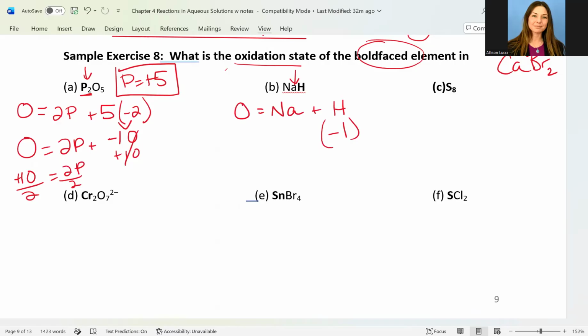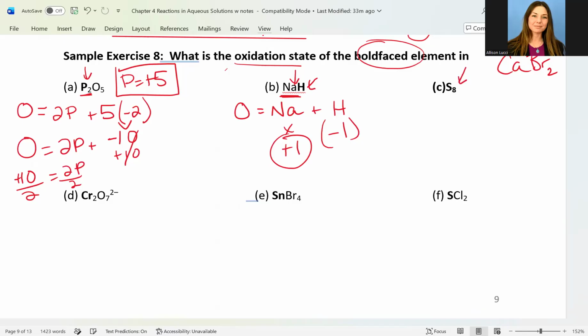So then since the net of -1 and x here has to equal 0, I know that my sodium would be +1 and hydrogen would have to be that -1. We're asked to solve for hydrogen here. I could also note that sodium is in group 1, so when ionized, it would most likely be a +1 ion. So I could solve for hydride that way as well if we don't want to memorize things.